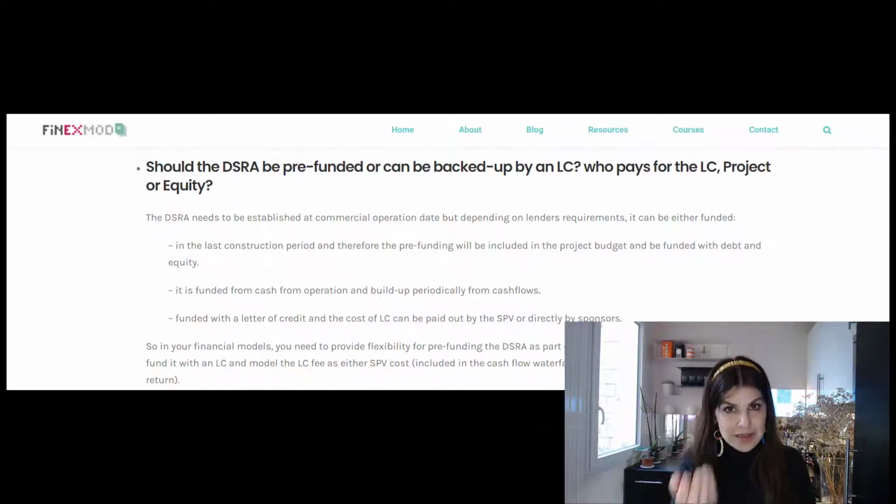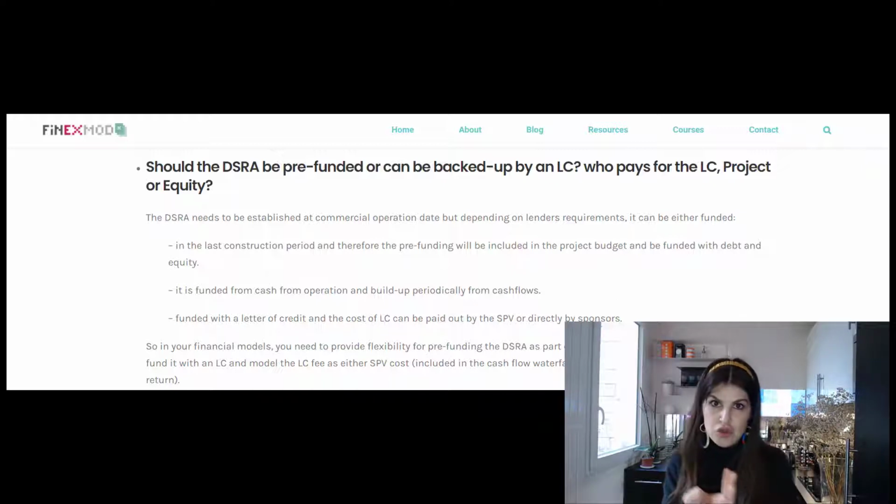So when you're sizing the debt, this pre-funding of the debt service reserve account is going to be included in the sizing of your debt. That's something you need to consider in your sources and uses of funds during construction. However, this is cash which is going to sit in an account, and if you fund it at the beginning of construction, it is going to bear interest throughout the construction.